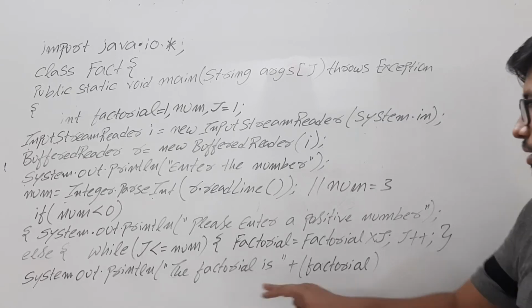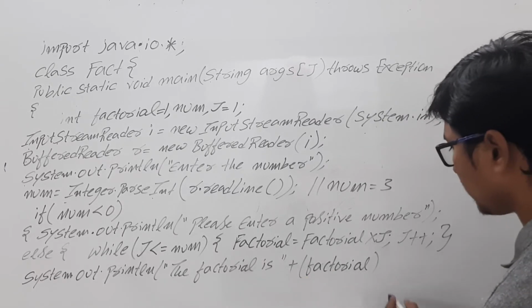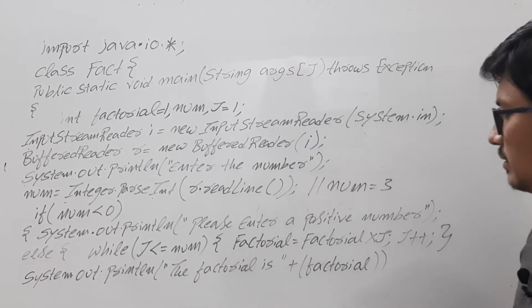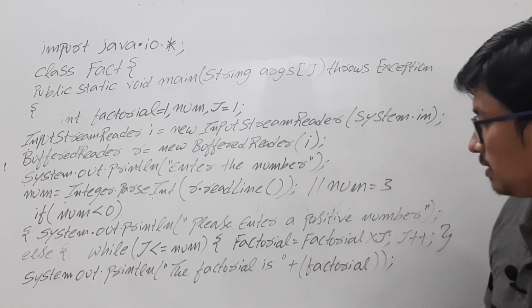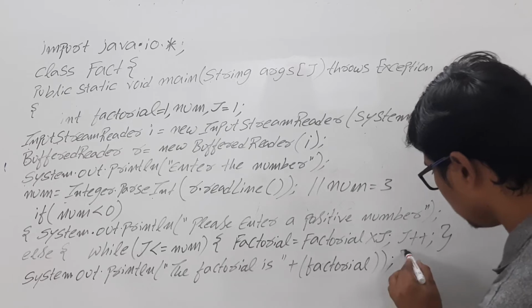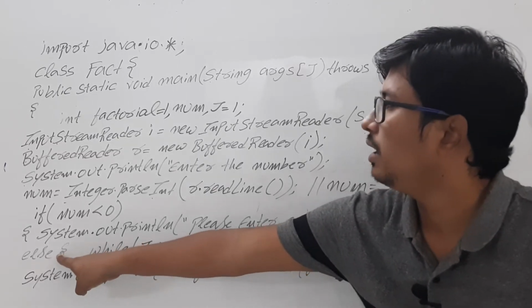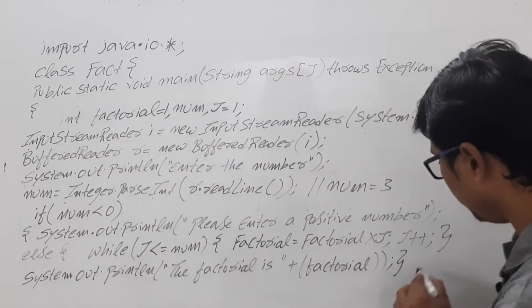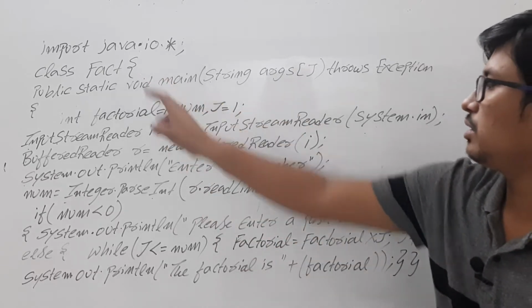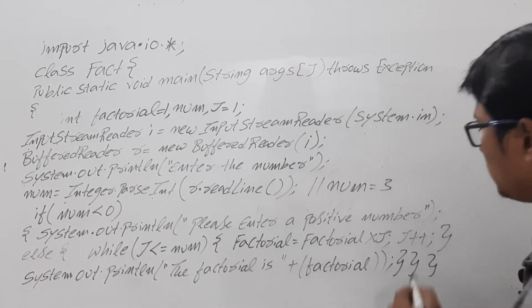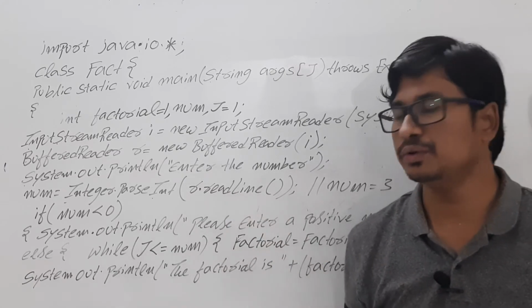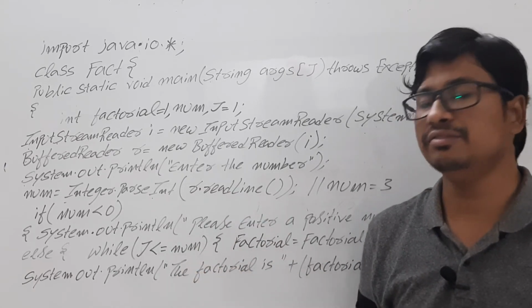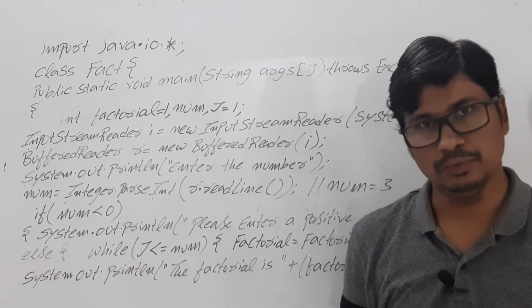Then I will end this with a semicolon, and then close the else block, then close the main function, and close the class. Okay, so this is the program which will be useful for you to compute the factorial of a given number using the while loop.